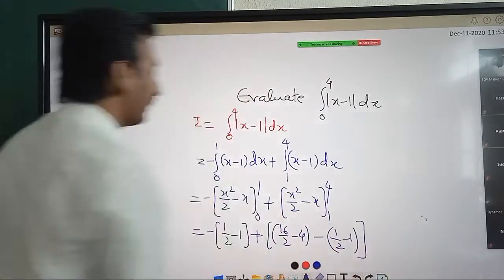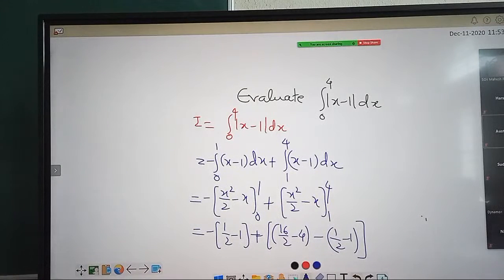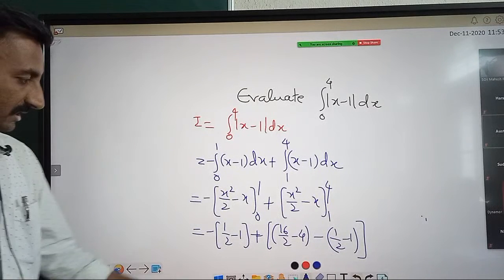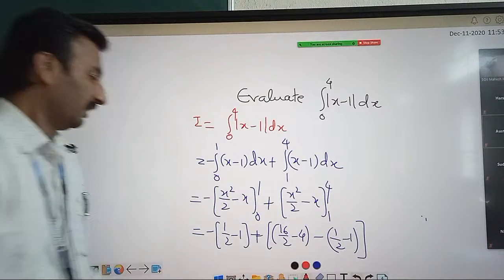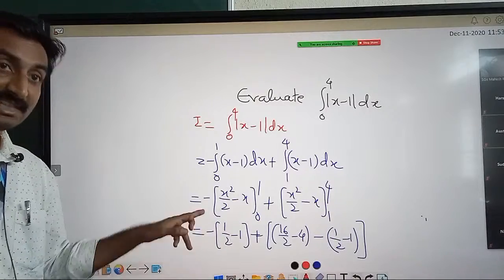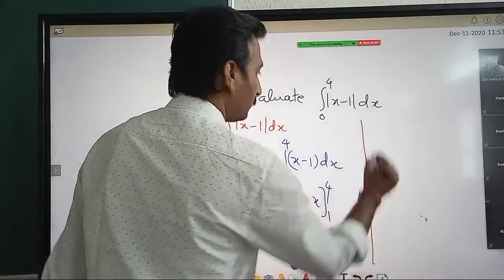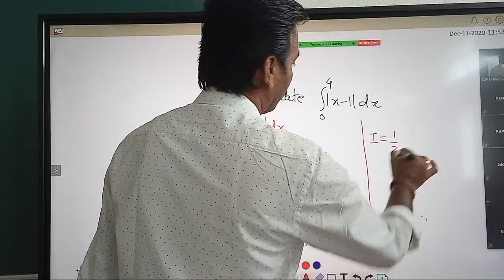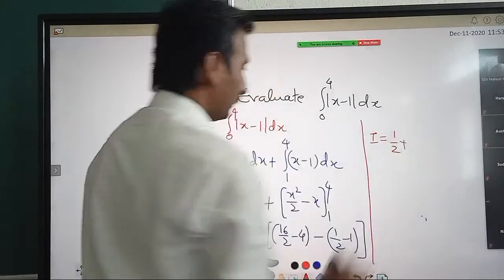I hope Austin can understand this. Correct. Good boy. Now 1 by 2 minus 1 is minus half. Minus half with the minus sign is plus half. Correct? So I equals plus 1 by 2 plus, simplify this.